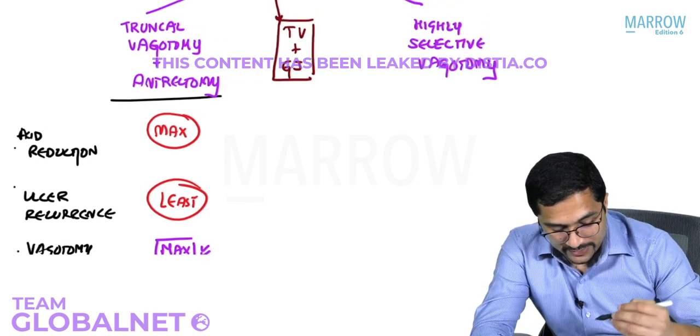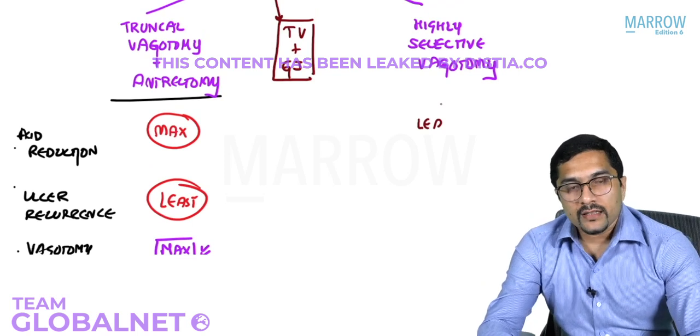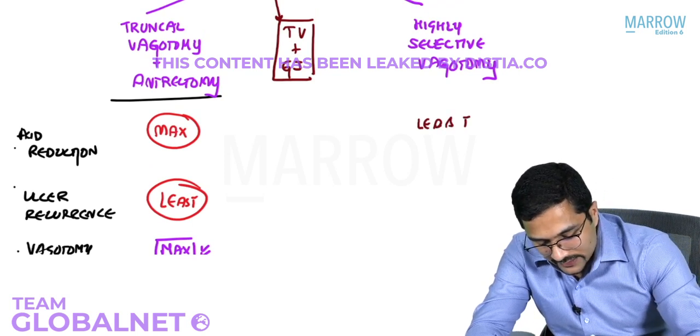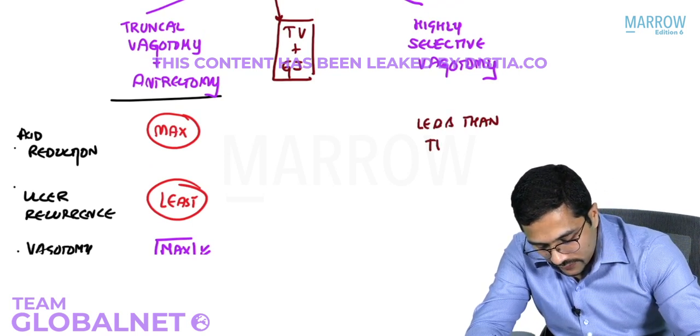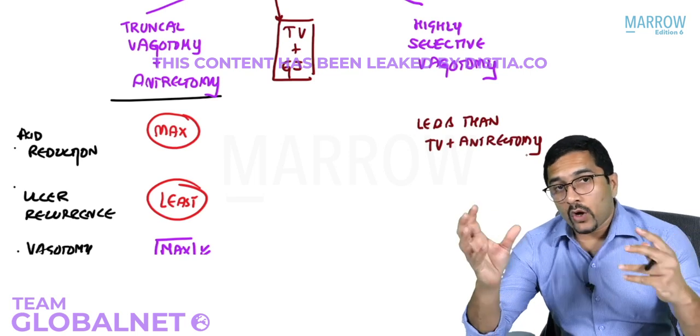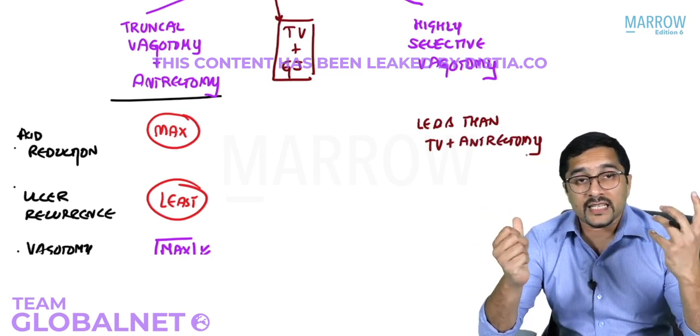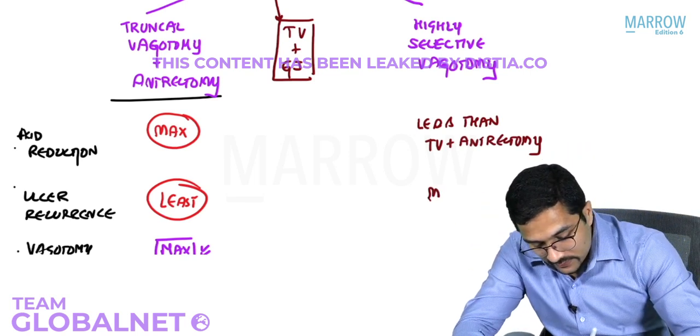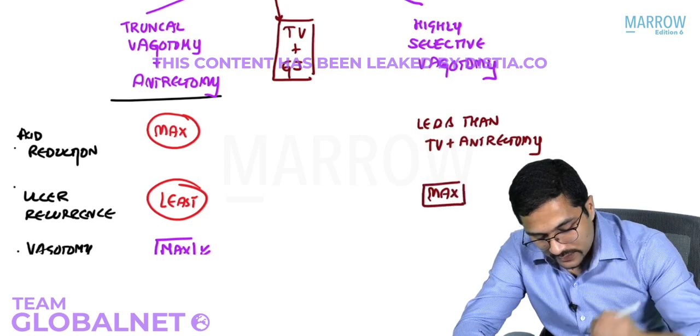On the other end of the spectrum, in highly selective vagotomy, the acid reduction is less than truncal vagotomy plus antrectomy. And because sometimes the criminal nerve of Grassi can get skipped, that is why this has maximum ulcer recurrence rate.